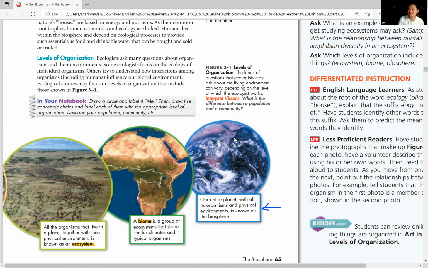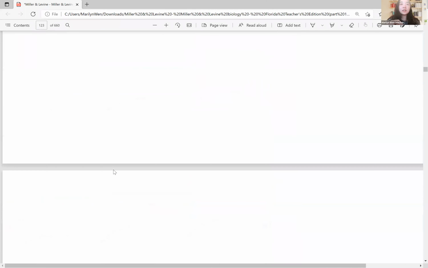There's 2 same fish tanks, that's one group, and there's 2 other fish tanks, but different from group 1, that's group 2. And the biosphere will be all of them on the planet. Okay, perfect.